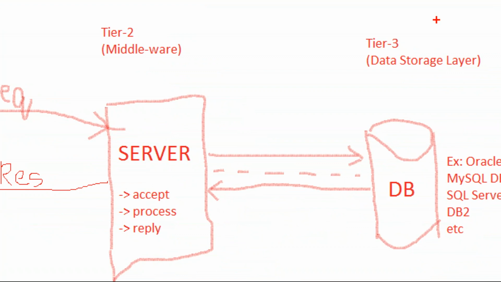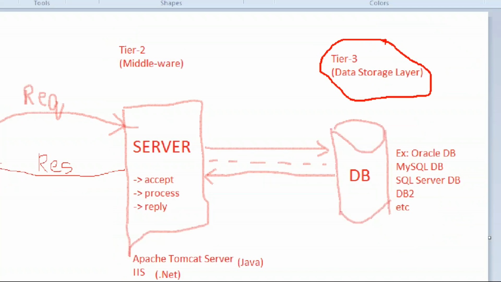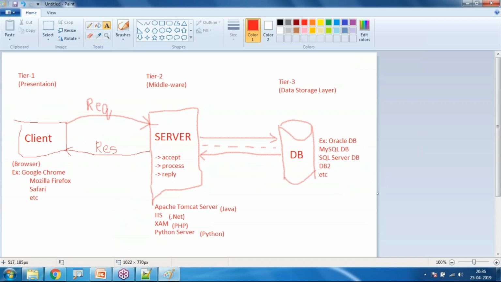This is where we store the data of our web application permanently, like user data, Facebook data, email data, or any information about the users or clients of your web application. So this is a 3-tier architecture using which we develop web applications or websites, and these websites run on the internet, right?